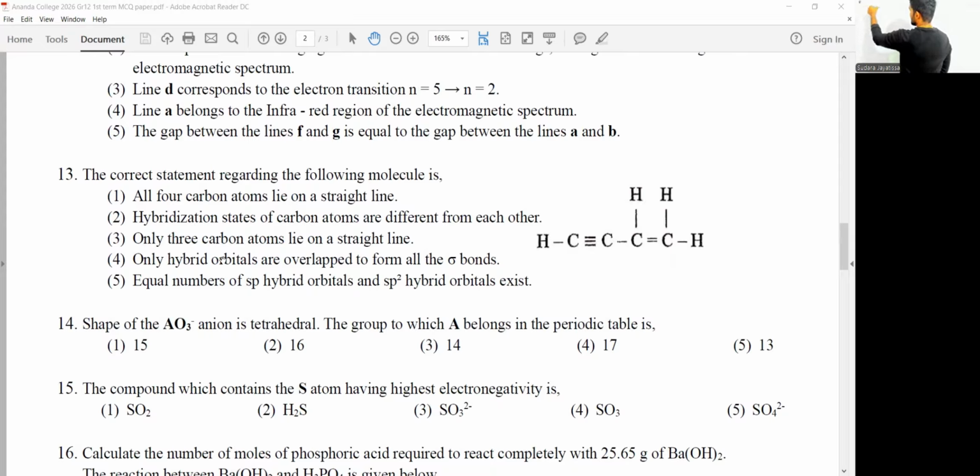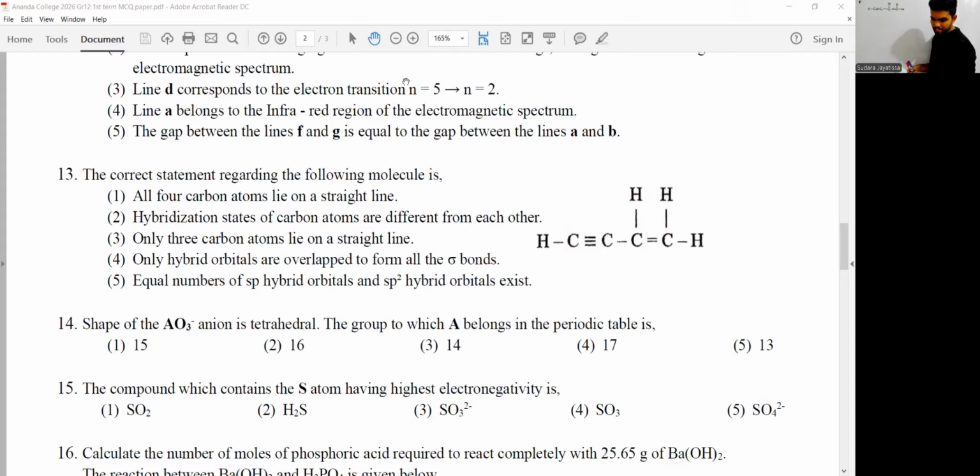H, C, triple bond C, C, and double bond CH. This is the molecule, so there are two hydrogens. And let's see the five statements.